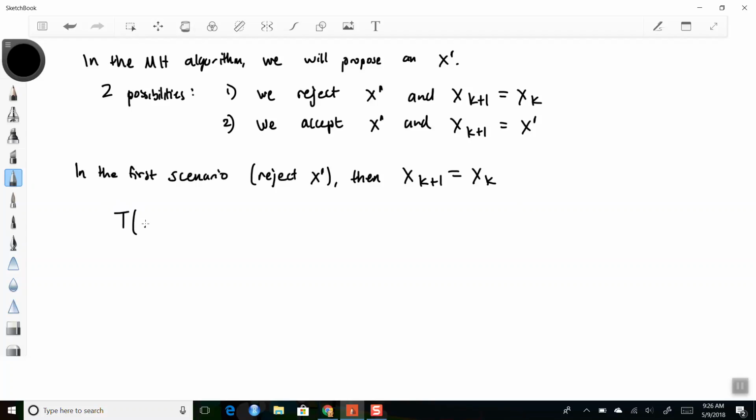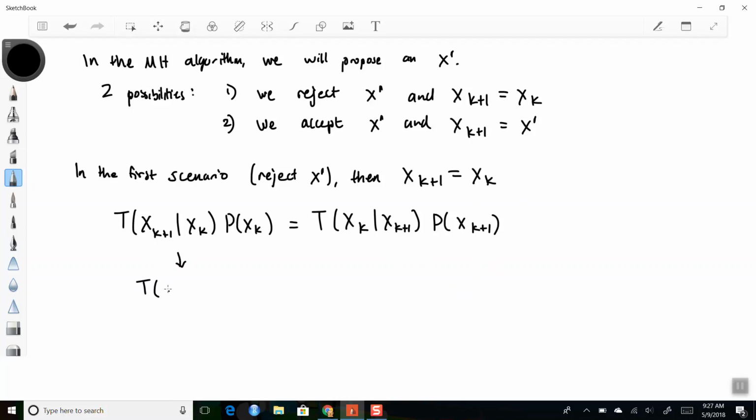So to show that the transition probability of going from x_k to x_{k+1} given x_k times the probability of being at x_k is equal to the transition probability of going from x_{k+1} to x_k given that you are at x_{k+1} times the probability of being at x_{k+1}. Well, x_{k+1} is equal to x_k, so this just becomes the transition probability of x_k going to x_k given that you are at x_k times the probability of being at x_k on both sides, right? So this is a trivial case, right?